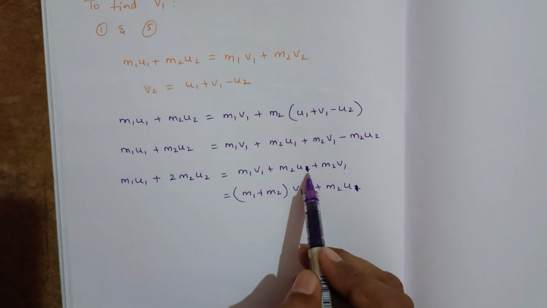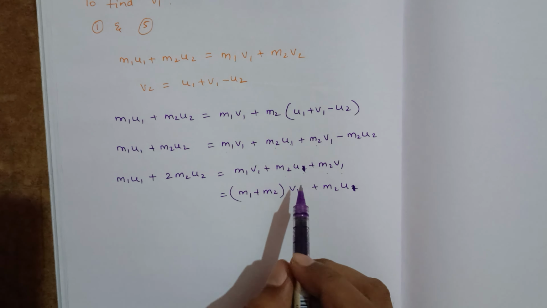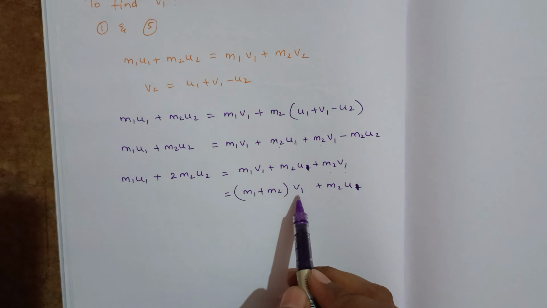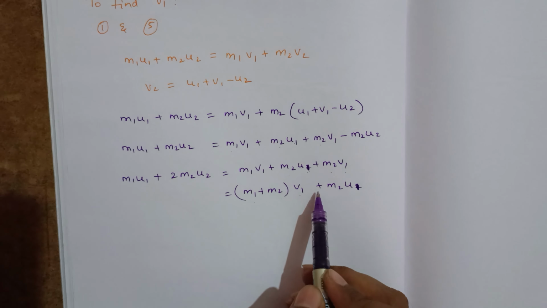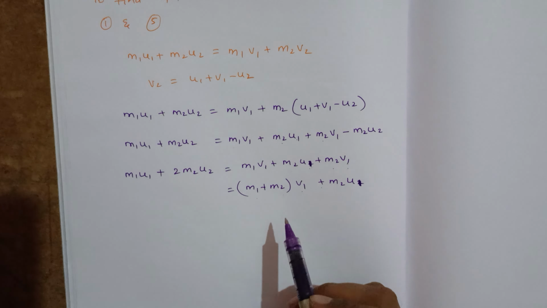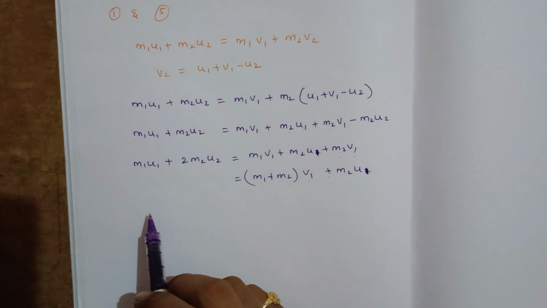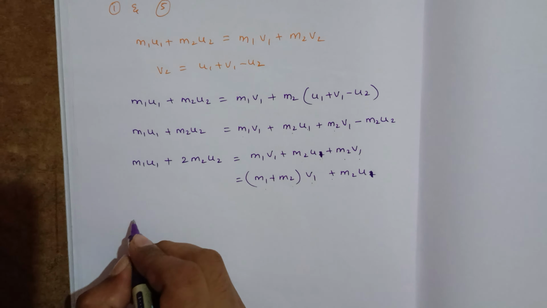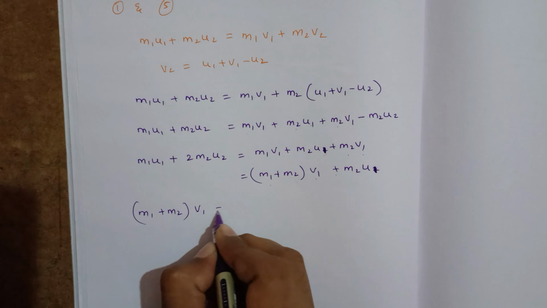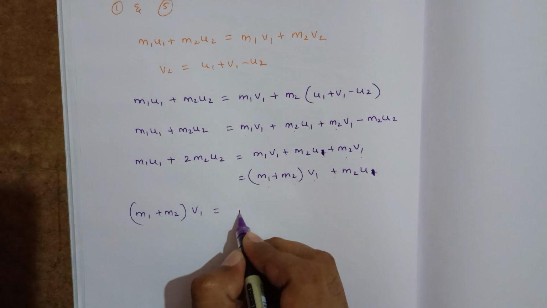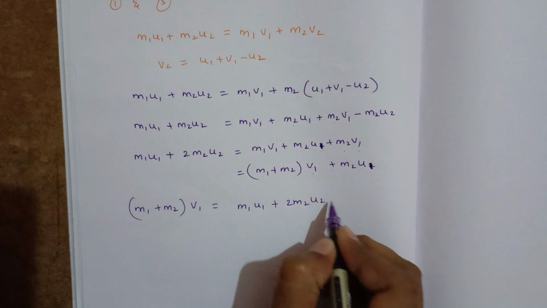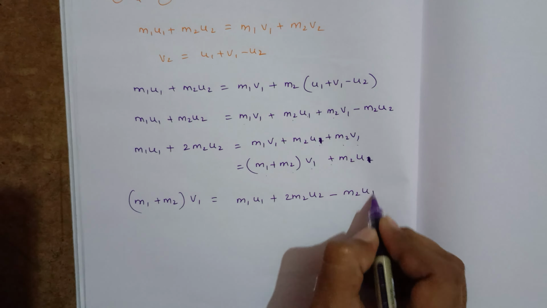From this m1 v1 m2 v1 I am taking v1 common, m1 plus m2, and this is m2 u1. Now this m2 u1 I am taking to this side. So first I am writing this one, m1 plus m2 into v1 equal to, this is coming this side, m1 u1 plus 2m2 u2 minus m2 u1.